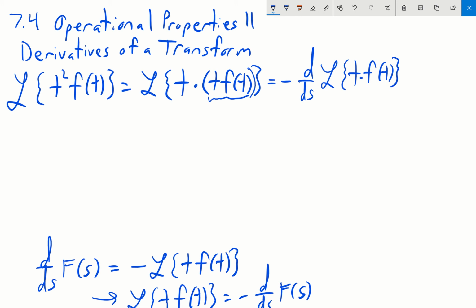But we can play the same game again, because it fits that format: the Laplace transform of t times some function of t. So this is going to be, yet again, equal to the negative of the derivative of the Laplace transform of whatever the function f of t is.